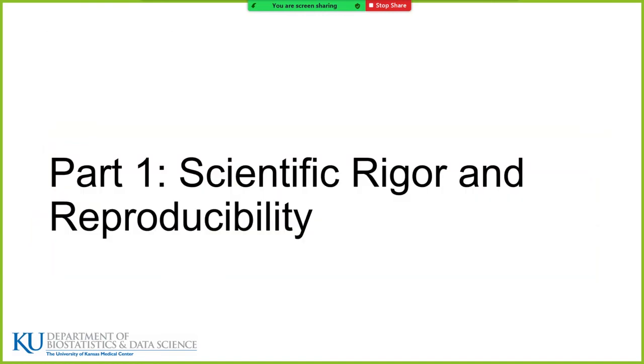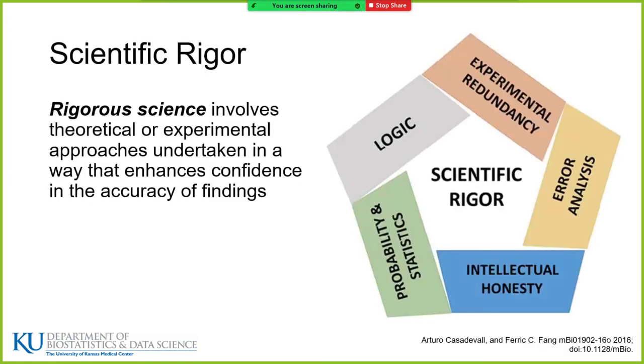For those of you who were able to join us last week, we covered, in a very short period of time, some topics related to scientific rigor and reproducibility of research. We defined rigorous science and the pillars of rigorous science, and we focused primarily on how probability and statistics plays a large role in how confident we can be in the accuracy of findings from research.